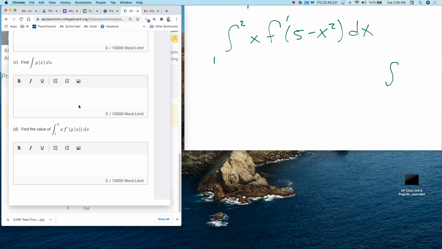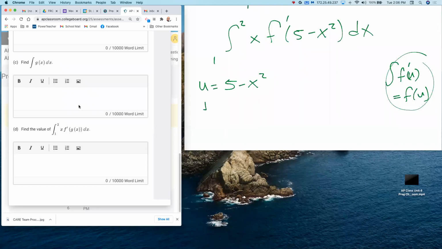You should realize, oh, hey, I don't have anything for that. I know the integral of f prime of u is equal to f of u. But this is kind of a side note. So if you make u equal to 5 minus x squared, just writing that was worth 1 point. Just that.